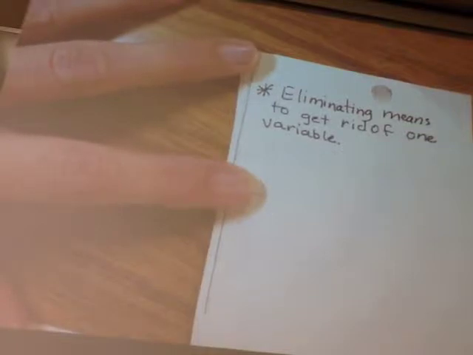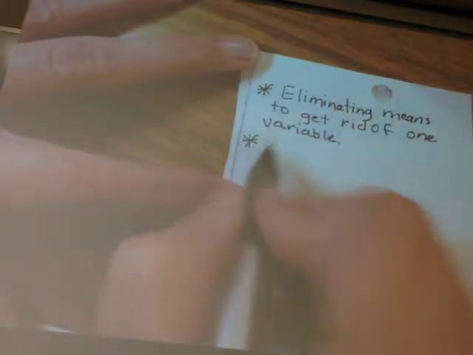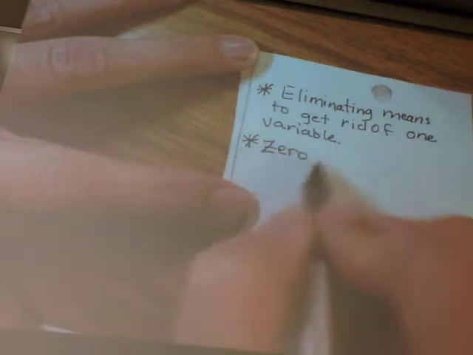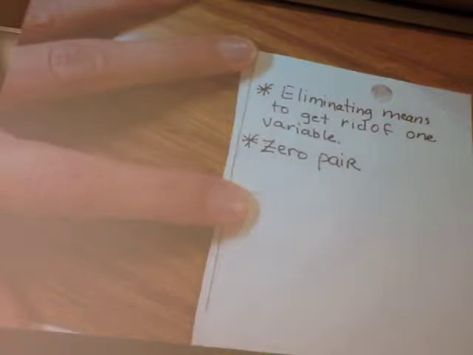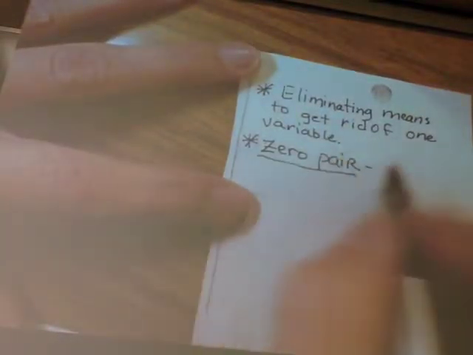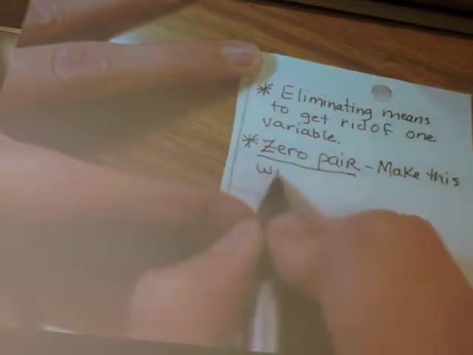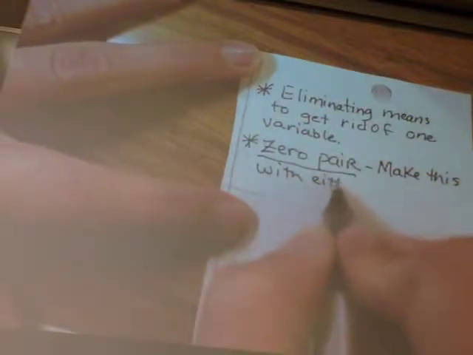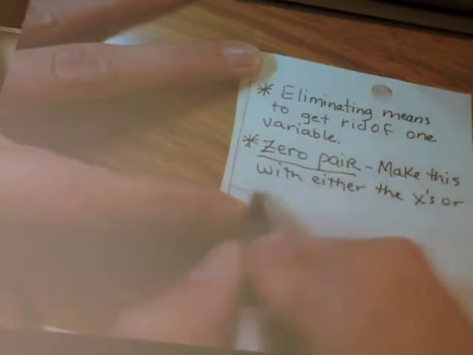Another word I say on a regular basis, though you may tune me out, is zero pair. A zero pair is what we're trying to make with one set of our variables: a zero pair with either the x's or the y's.